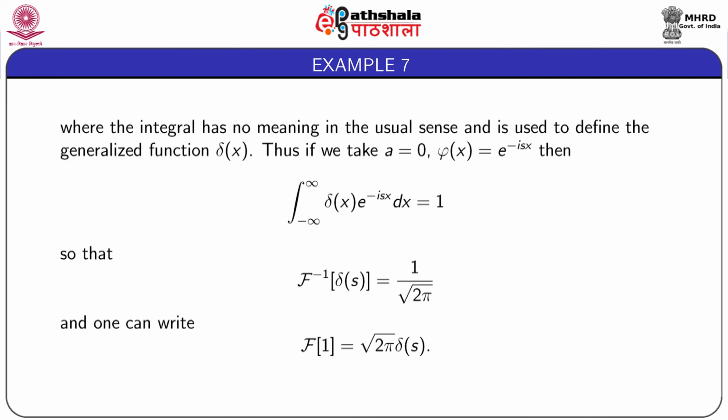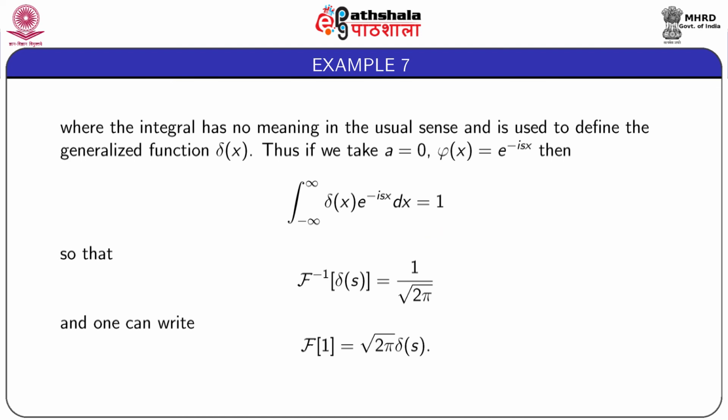Thus, if we take a equal to 0 and phi(x) equal to e^(-isx) in this integral, then we have the integral from -∞ to +∞ of delta(x) e^(-isx) dx equal to 1.